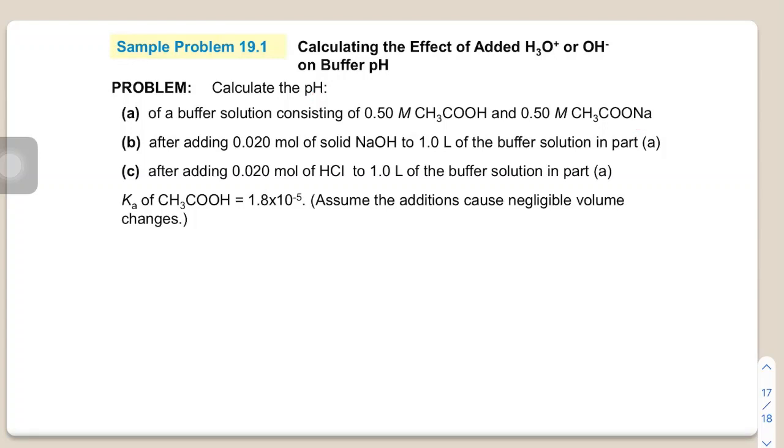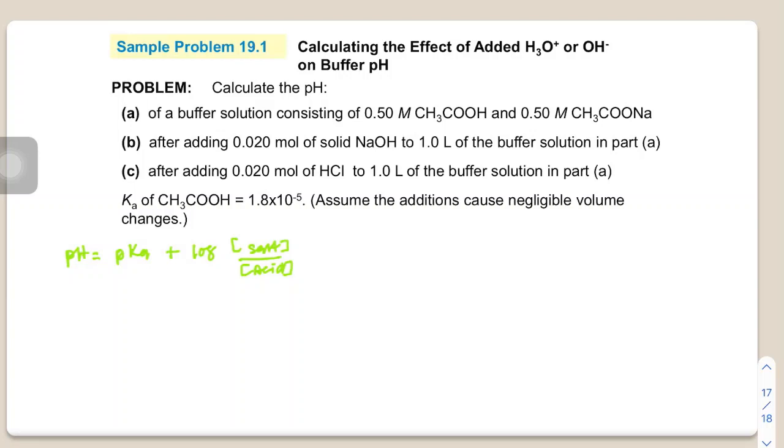We have to calculate the pH of this buffer system. So when we know that we have a buffer system, we can directly use the equation pH is equal to pKa plus log concentration of the salt over concentration of the acid.